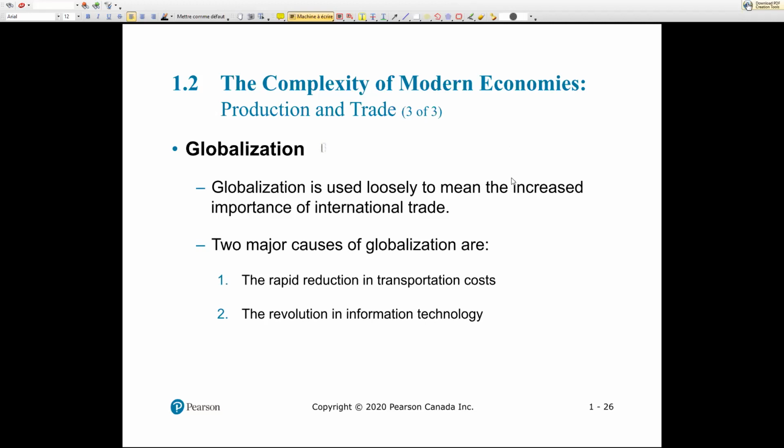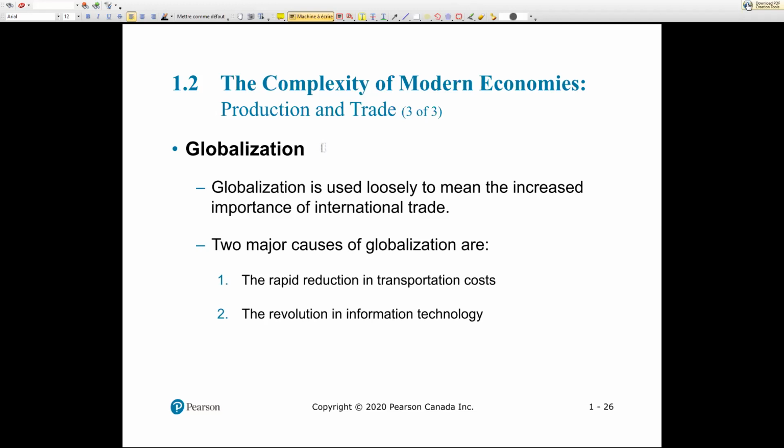We're of course extremely integrated right now, but back in the beginning of the 20th century, we also had a great wave of globalization, and before that, you could say that.